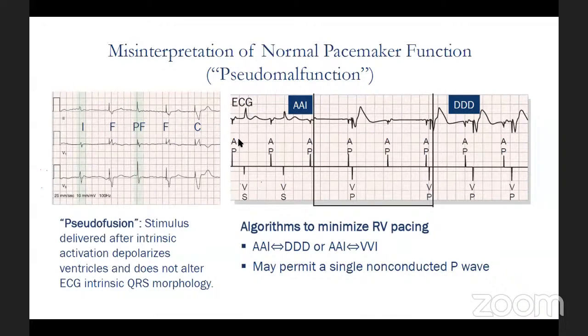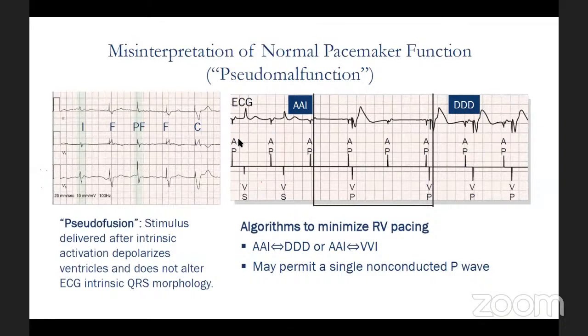During the testing mode is actually MVP mode, and then it is converted to DDD. So during the testing, you actually sense the V, but you only can pace the A. So his question is very valid, but your slide is still correct because the initial part is actually the MVP mode, which is AAI. The MV testing is in the middle, and then you switch to DDD. So it's a very good discussion, actually.